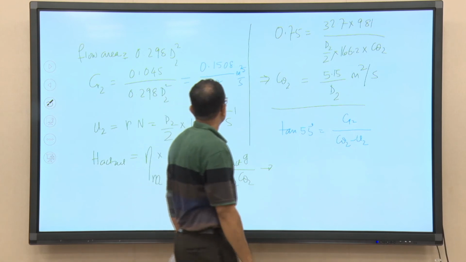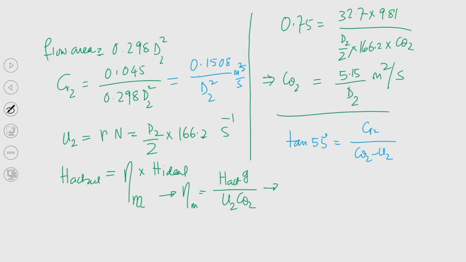So, basically it is meter per second. So, we can write this expression as 0.1508 divided by d2 square.